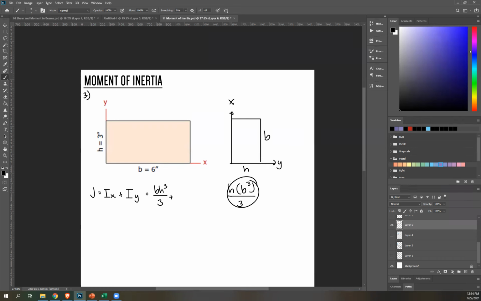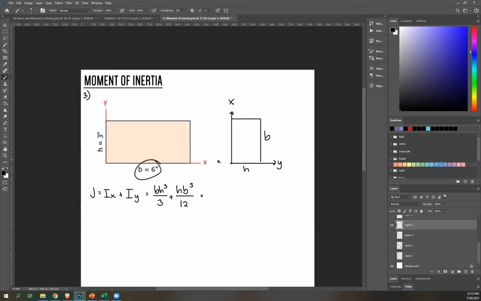So this is the moment of inertia about the y-axis. Again, we did that by just rotating our figure. So let's write that: hb cubed over 12.